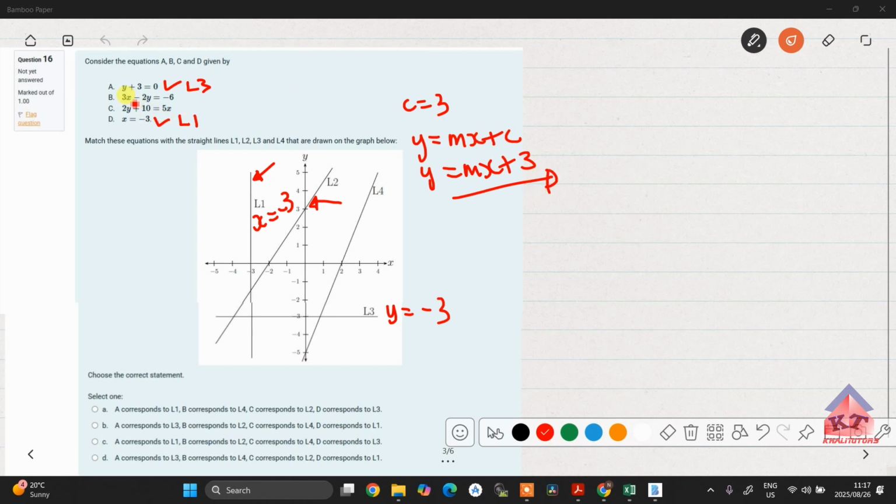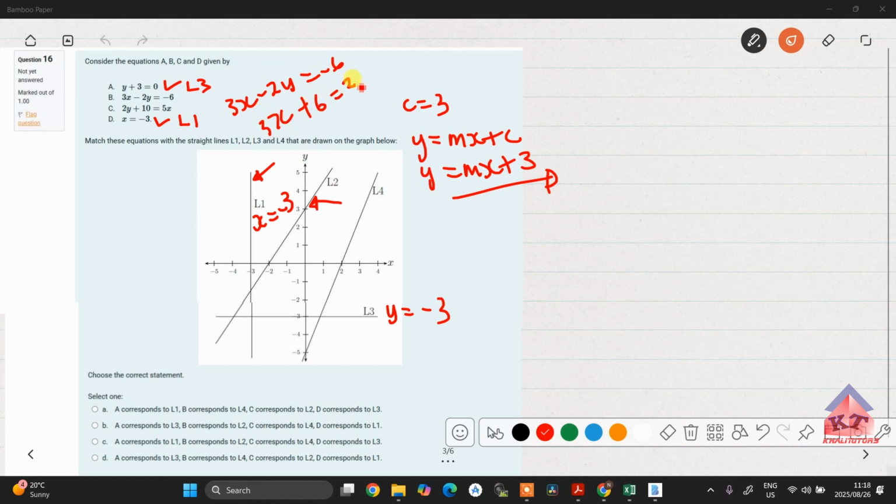Let us look at the first one. Number B, we have 3x minus 2y equals minus 6. So we need to rearrange this to its standard form, which means we need to get rid of this minus 2 here. So we take the 2y and move it to the other side, and take the minus 6 and move it to the other side. We'll have 3x plus 6 equals 2y, since when the minus 6 goes to the other side it becomes plus.